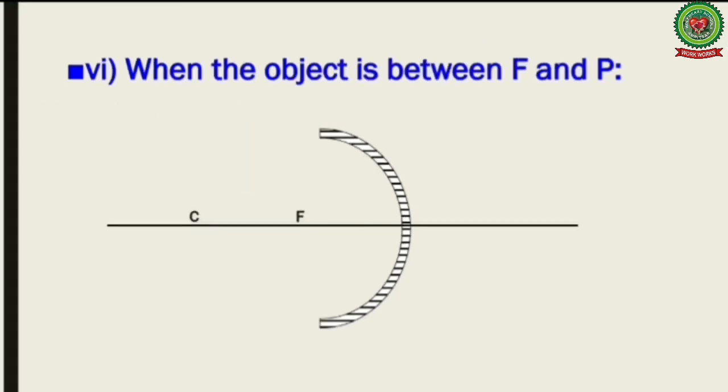When the object is placed between pole and the focus, here we consider a ray of light which is parallel to the principal axis and the other ray which is passing through the center of curvature.